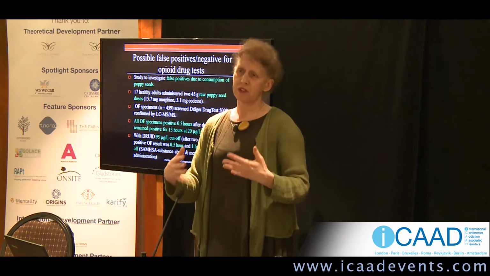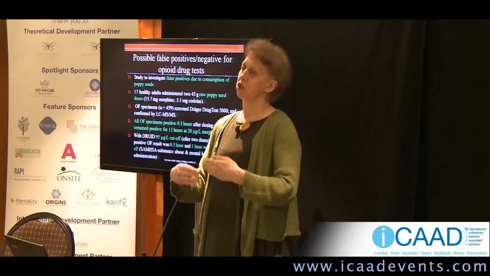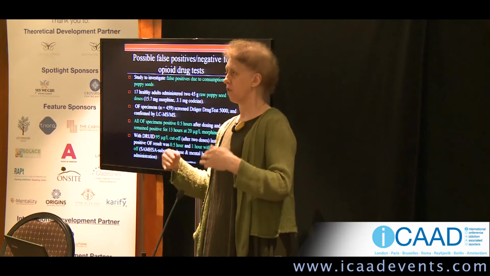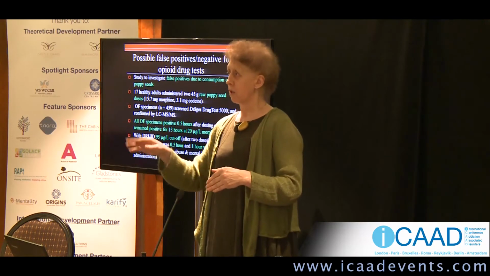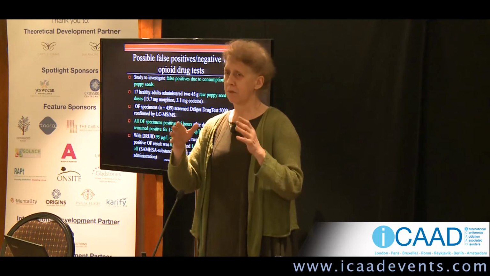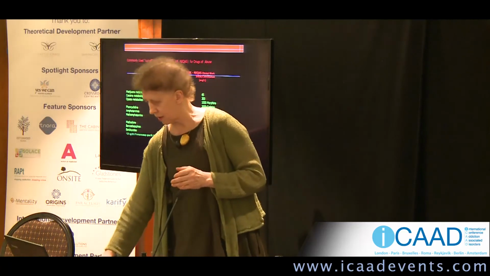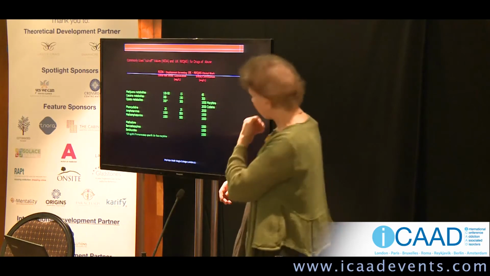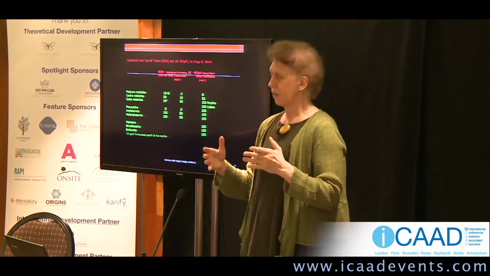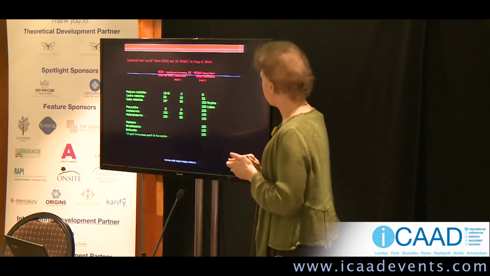So the message I want to get across is that it's really important that you understand what the cut-off is of the test that you're using. Immunoassay tests vary quite a bit, so make sure that it relates to your population. If you're looking at clinical populations, the cut-off levels tend to be much higher.